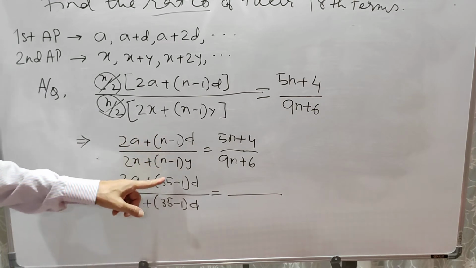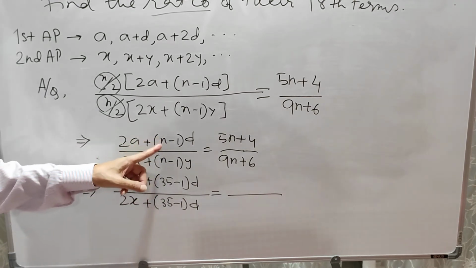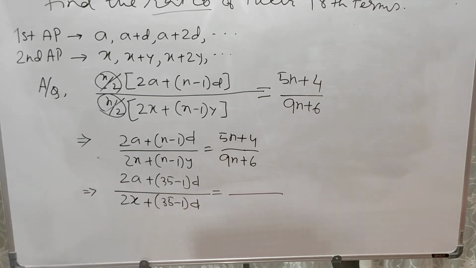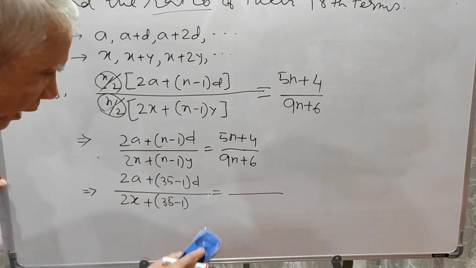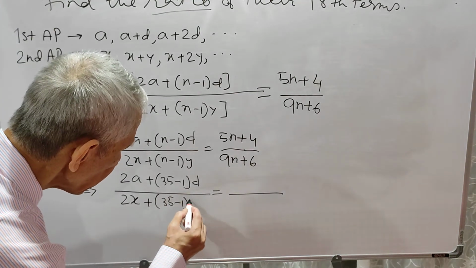Now we are putting 35 for the n value. Why are we taking 35 for n? It will be clear after a while.